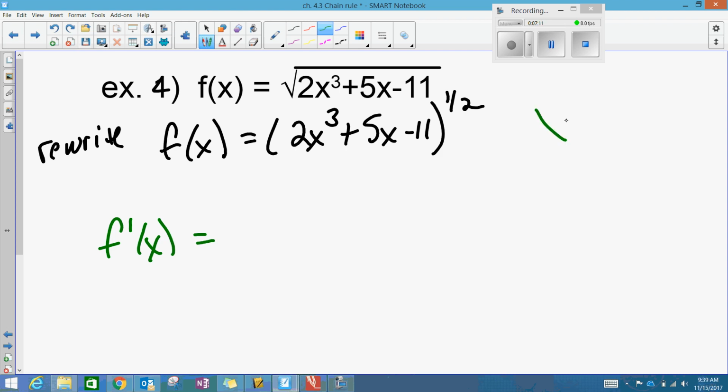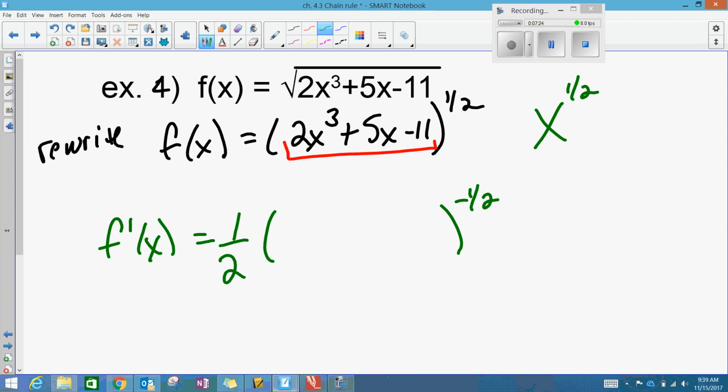I want to think of the outside function as x to the 1/2, and the inside function is this piece. So when I take the derivative of the outside, I've got 1/2, and then whatever's in parentheses to the minus 1/2. And then the derivative of the inside becomes 6x squared plus 5.